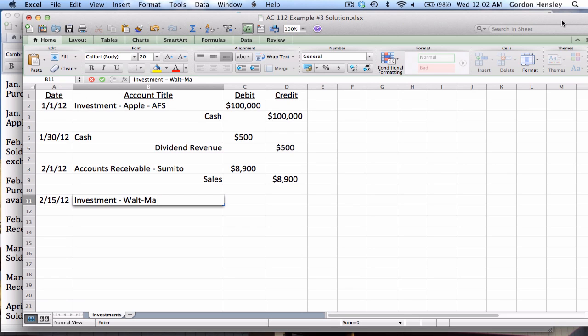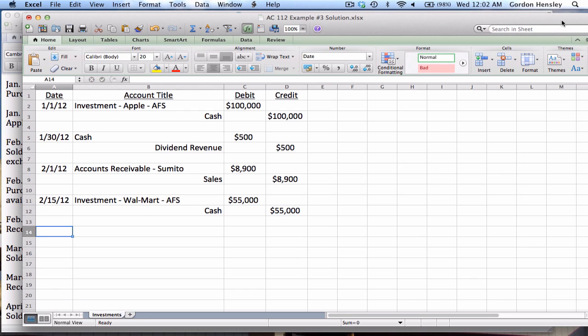This time it is Walmart. And again, it is AFS for available for sale. We're going to pay for this with cash. And in this case, it said the amount that we paid, $55,000. So that takes care of that transaction.